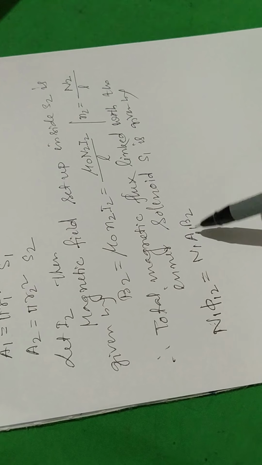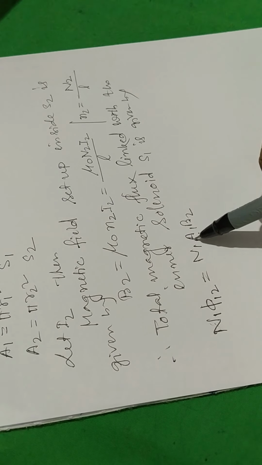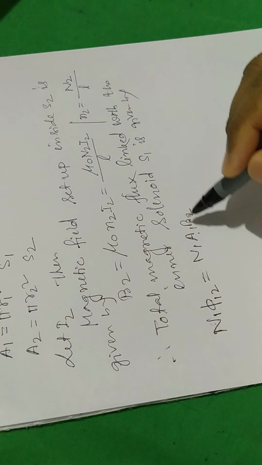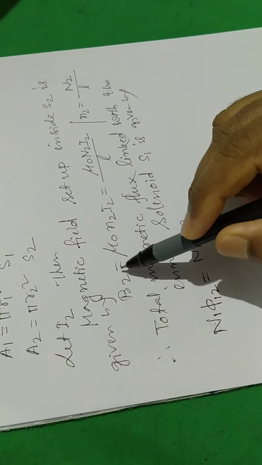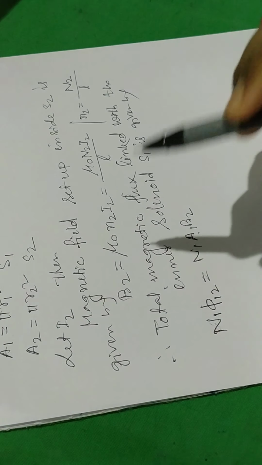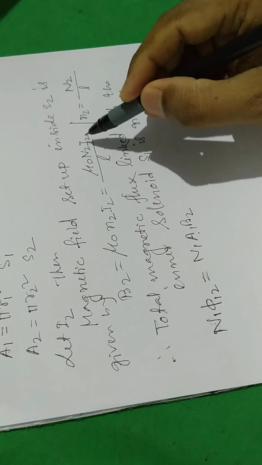Magnetic flux is measured as the product of magnetic field and area of the surface. Now we are putting the value of B2 from the above equation, B2 equal to mu naught N2 I2 by L.